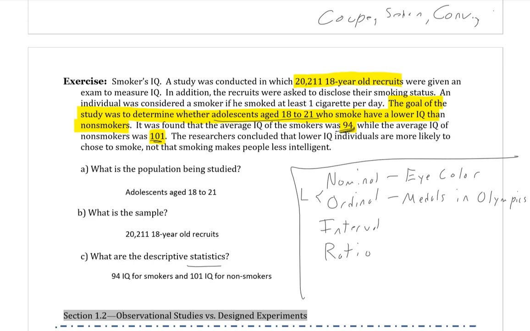Even though gold, silver, and bronze are not numerical, there is an inherent order between them. Or if you look at grades, grades are usually considered ordinal as well. A is better than B, B is better than C, etc., etc. So those would be considered ordinal. There is an inherent order or hierarchy between the variables. Interval versus ratio are how we distinguish different quantitative measures.